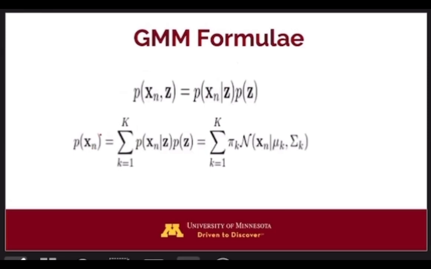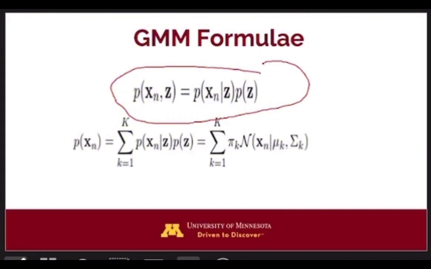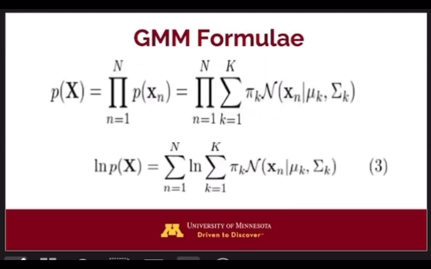And of course, I made some derivation. Using the knowledge of conditional probability, I can find the probability of xn, which is going to be all of that. If I continue, I'm going to have the probability of x to be that.